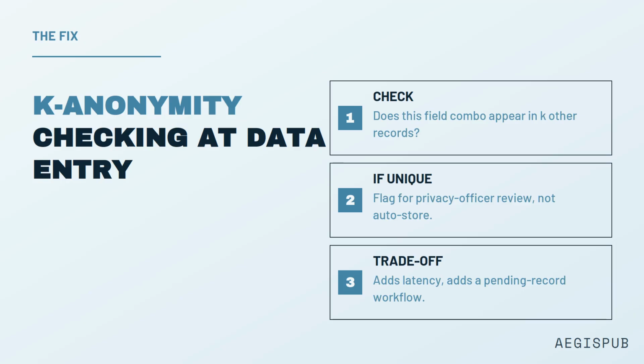It adds latency to the enrollment process. It creates a category of records that are in a pending state, which requires workflow management and communication with the clinical sites doing the enrollment. The trade-off is explicit. The organization is accepting operational complexity in exchange for a stronger compliance posture and a more defensible response to the regulatory review.